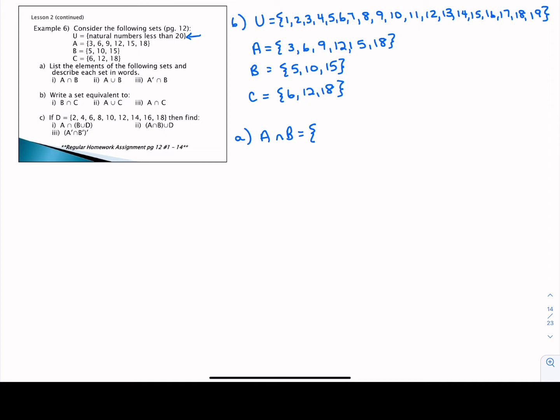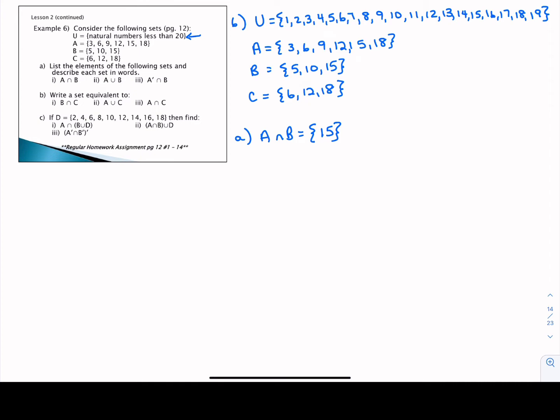If we look down the line, comparing A and B first, 3 is not common, 6 is not common, 9 isn't common, 12 isn't common, but 15 is common. So A intersect B shares the element 15. It's in both sets. I'll just get rid of my highlights here. We would write that A intersect B is the element 15. It's just that one number.